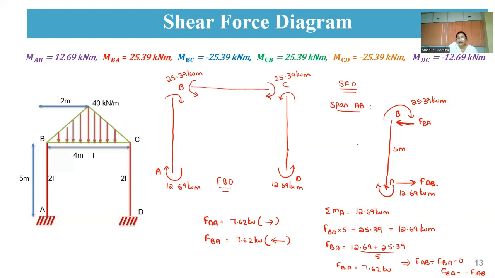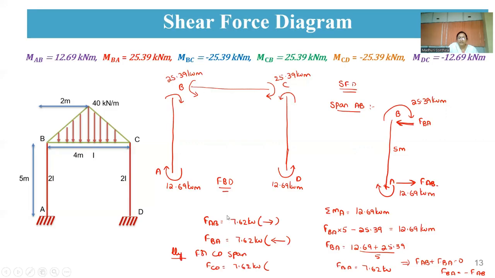So the same can be applicable for CD also. Why? Because it is symmetric, right? So similarly, for the CD span, I'll write it in the next page.